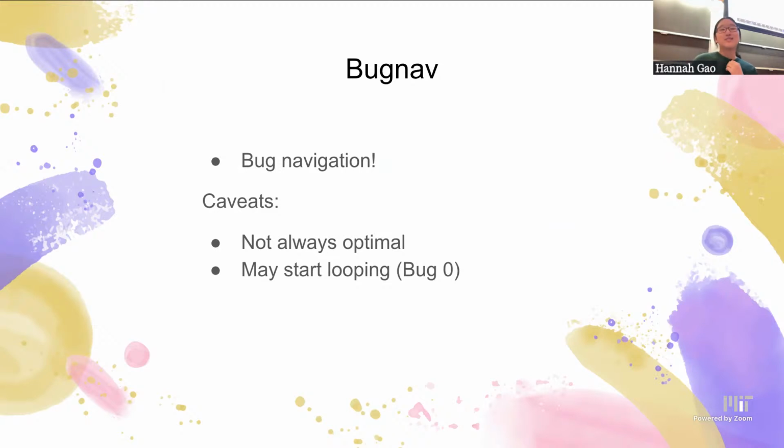As long as we know that there's a path from point A to point B, we just want to know that we can get there somewhat efficiently, but we don't have to waste bytecode on computing the exact optimal path. Another issue with BugNav is, as we'll see in one of the variations, the bot might start looping, which is not ideal, but we'll see in variants 1 and 2 that we can fix that.